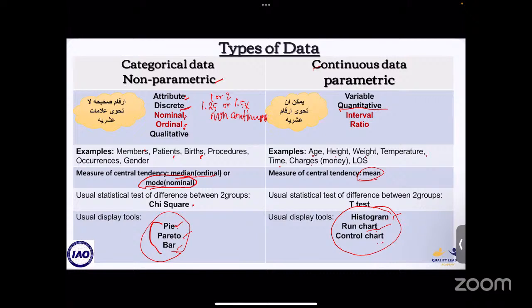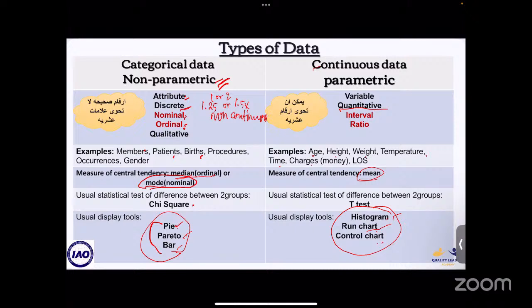So in conclusion, understanding whether data is parametric or non-parametric is crucial because it dictates how you analyze, visualize, and interpret it. Non-parametric data is used for categorical variables, where the focus is on counting or classifications.